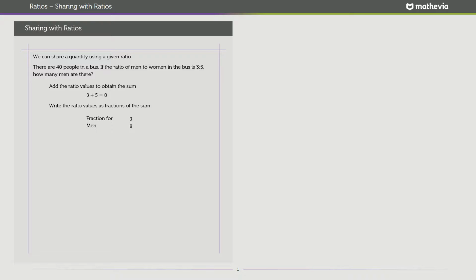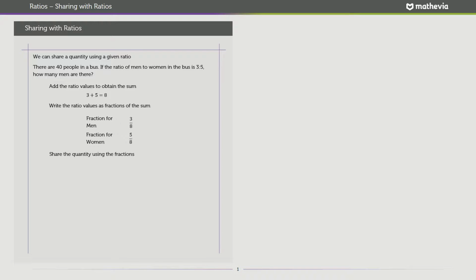First find the sum, and then write the ratio value as a fraction of the sum. For men, the ratio value is 3 and the sum is 8, so 3/8. You do the same for women. The ratio value for women is 5, and the sum is 8, so we have 5/8. So the fraction for men is 3/8, the fraction for women is 5/8.